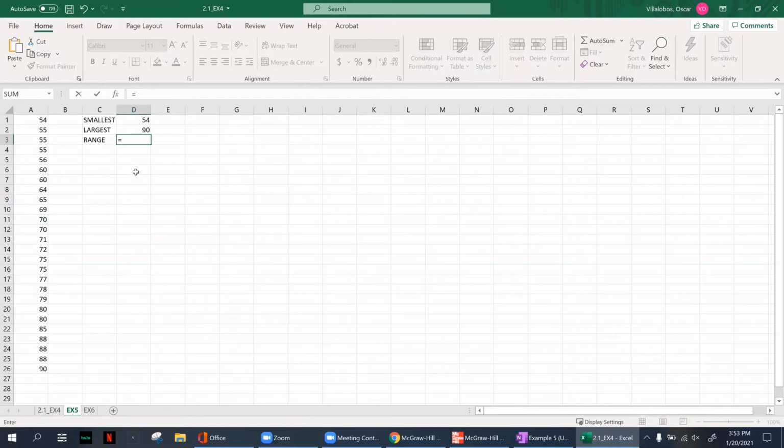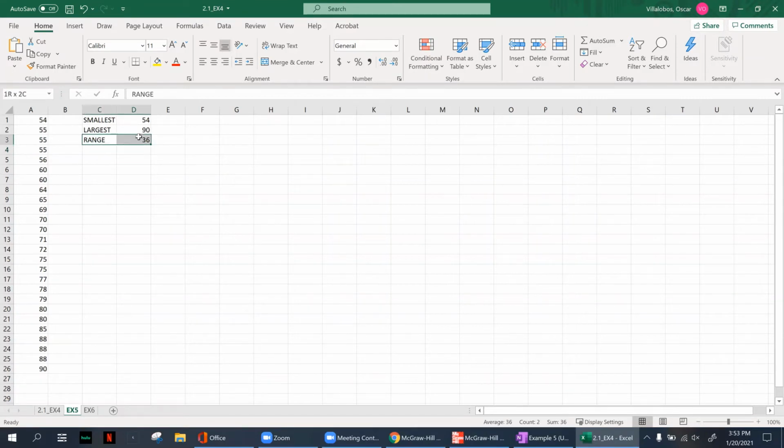This means we're going to be computing something, and a number is going to be returned. I'm going to click on the largest value, cell D2, minus the smallest value, which is the cell right on top, D1. Then you click enter, and it's going to compute it for you. So my range is 36.